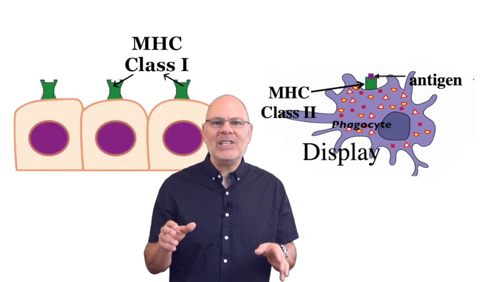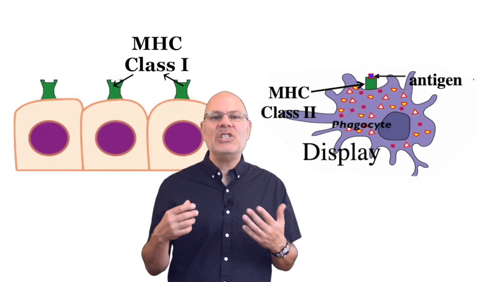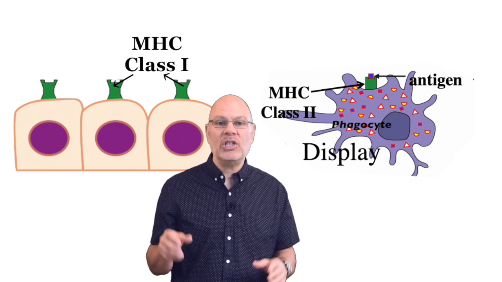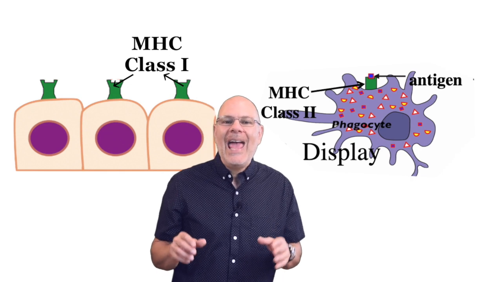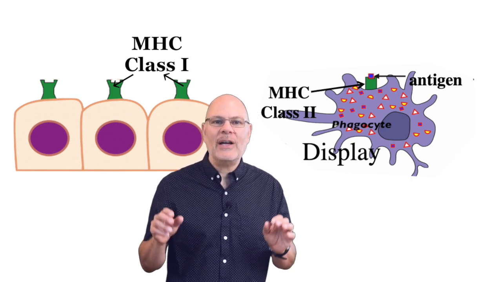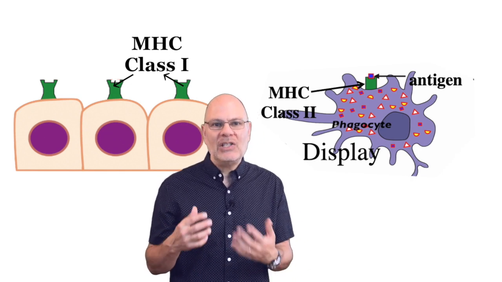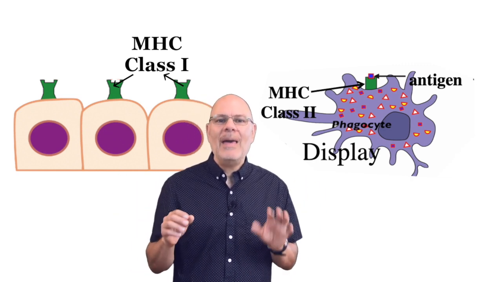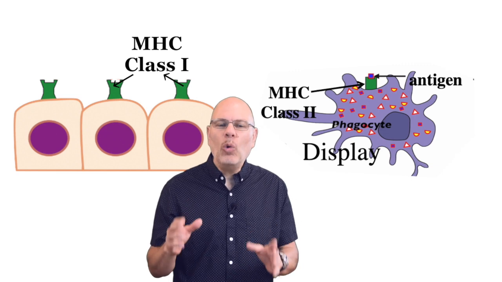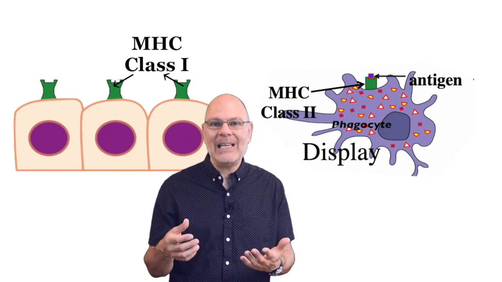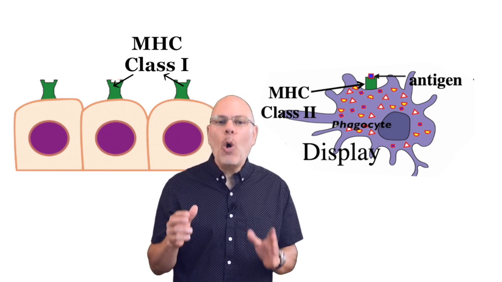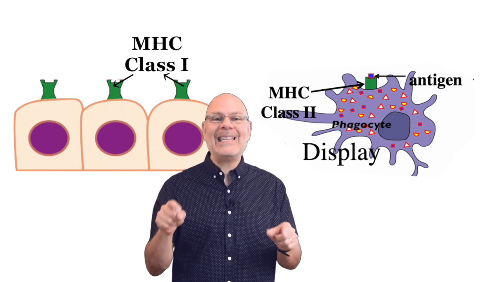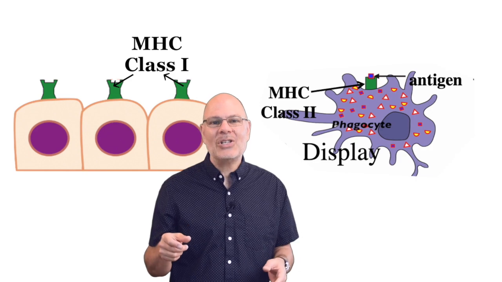Notice that this MHC class II protein has a different function than the MHC class I protein we met in our discussion of the non-specific response. An MHC class I protein is found on all body cells, and it says to the immune system, "I belong here, I'm part of the team." The MHC class II is found only on antigen-presenting cells, phagocytes. It holds up antigen saying, "Look what doesn't belong here. Let's get to work."